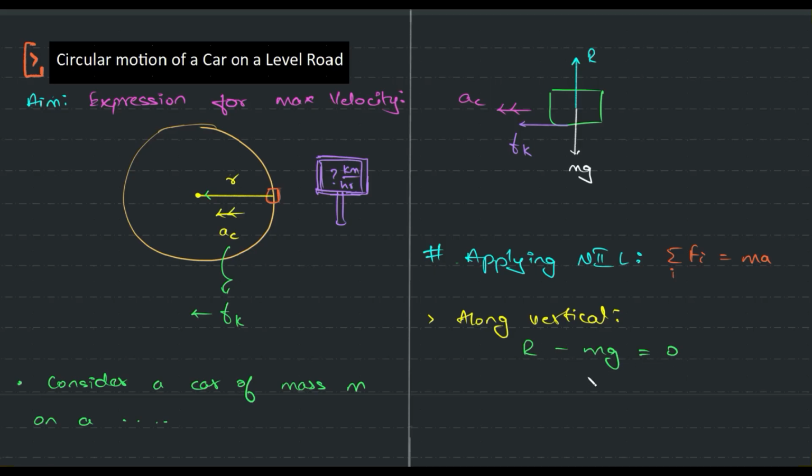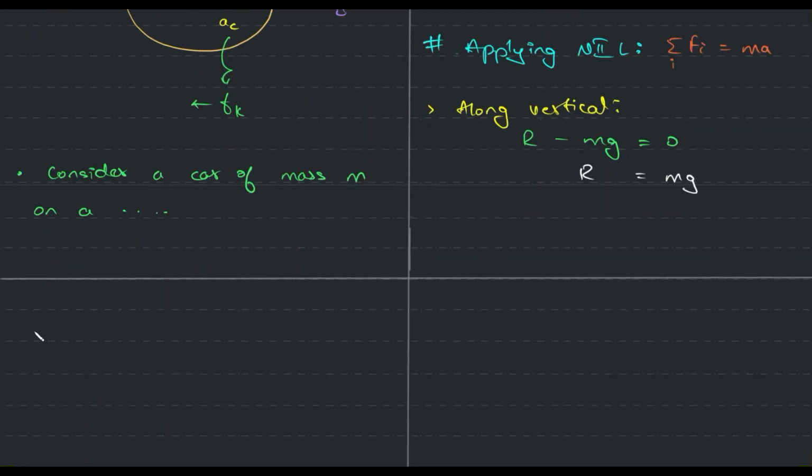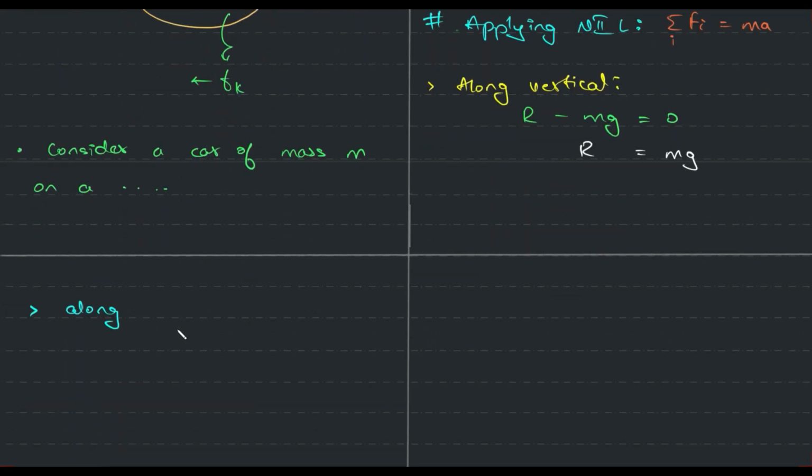Of course it's not going up or down, so we have R is equal to mg. Next we have the horizontal. Okay, I don't need that, I guess.